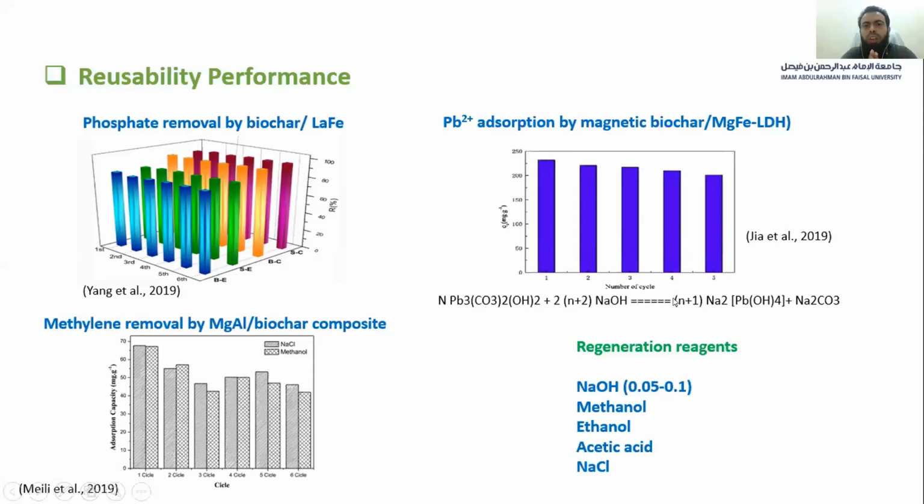Most of the authors reported that the high regeneration performance of the LDH biochar composite is due to structure stability, because the low reusability performance is normally due to structure destabilization. During regeneration, you are treating with different chemicals, so the structure breaks. So the structure stability gives you the high removal performance.